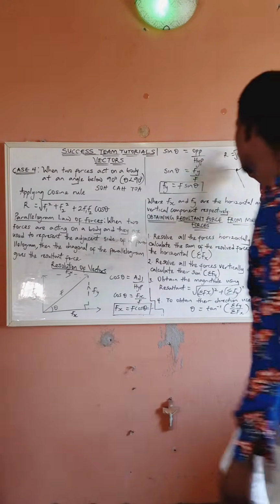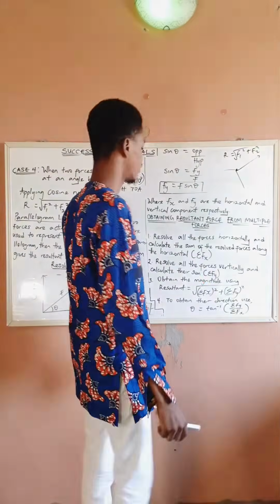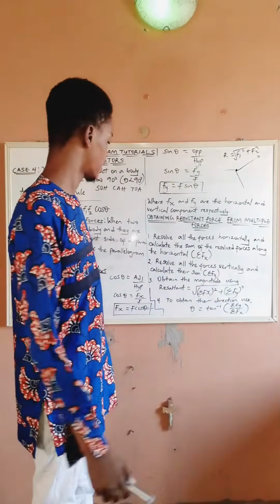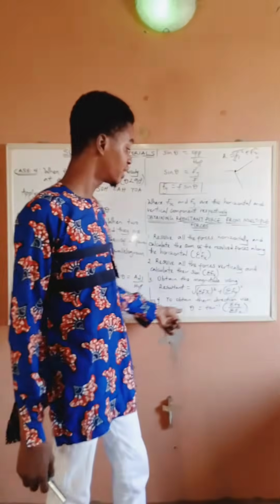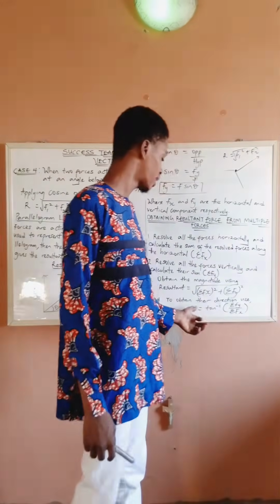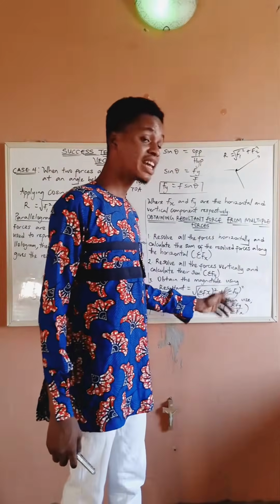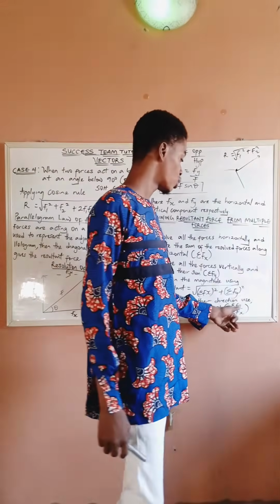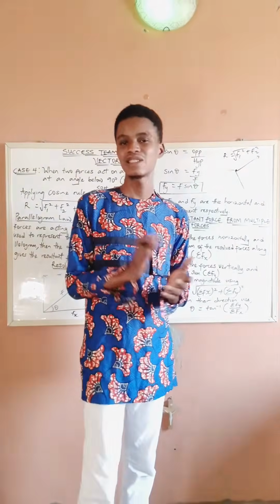So now I just replace F1 with ΣFx and F2 with ΣFy. Exactly. To obtain the direction, that's the angle theta, you use the formula theta equals tan inverse of ΣFy over ΣFx, right?